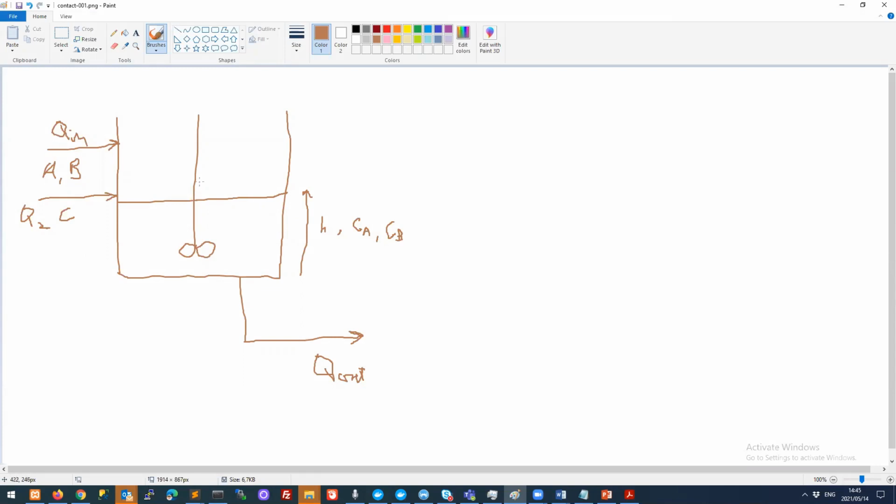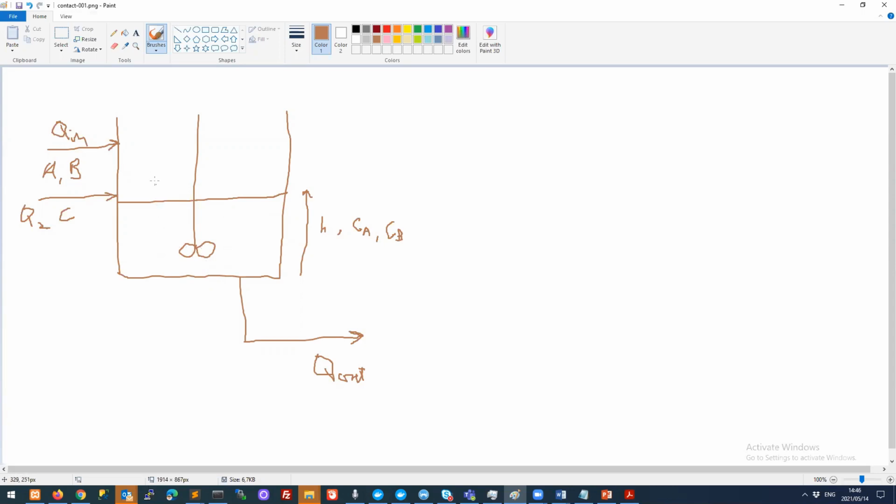So you can apply a sensor here. Let's say you use some online detection method so that you are constantly monitoring the concentration of A in here.